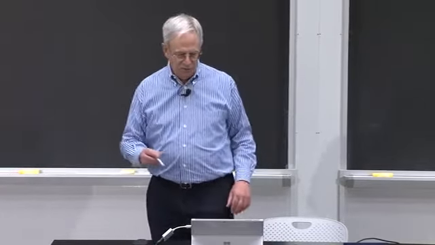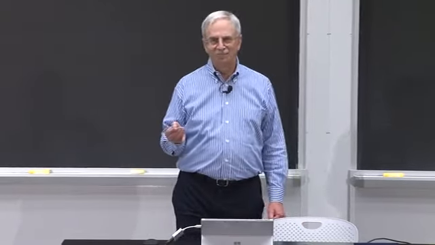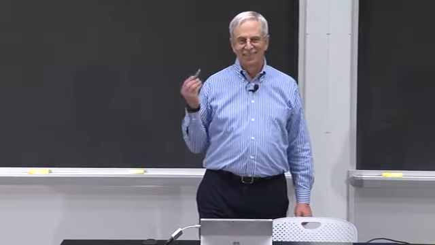Now I want to use the third piece of it, which is that the variance of the sample means will be close to the variance of the population divided by the sample size. And we're going to use that to compute something called the standard error, formerly the standard error of the mean. People often just call it the standard error. And I will be, alas, inconsistent.